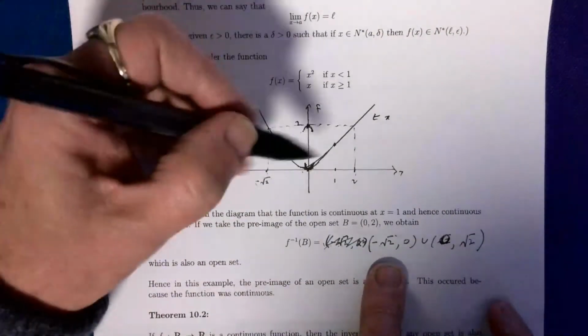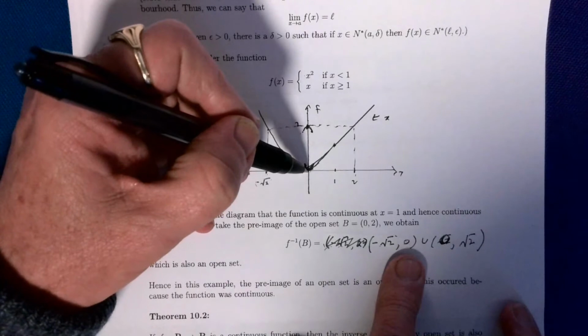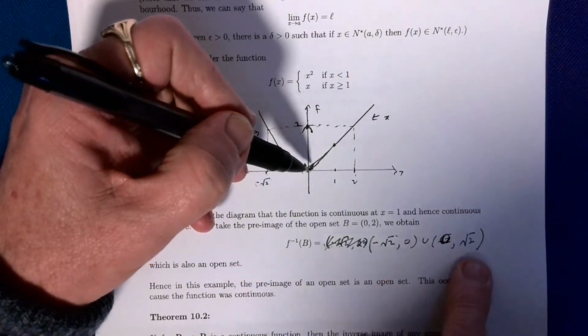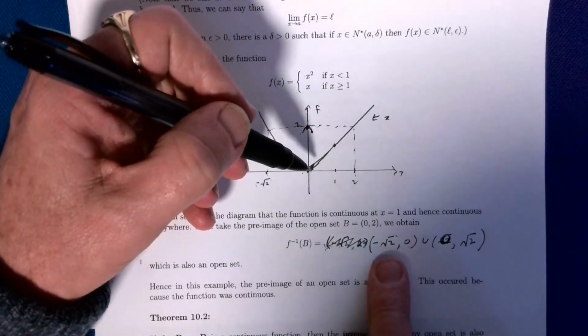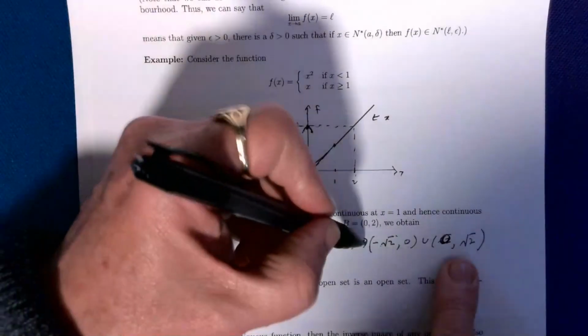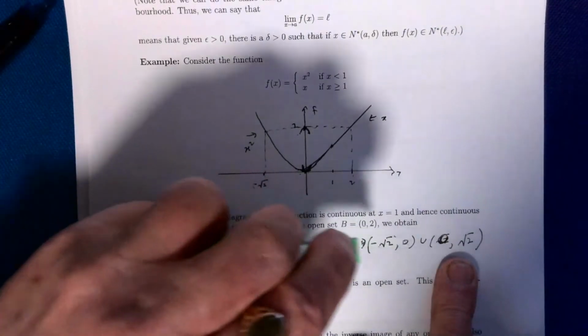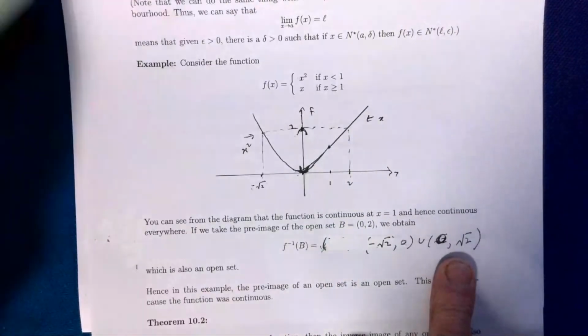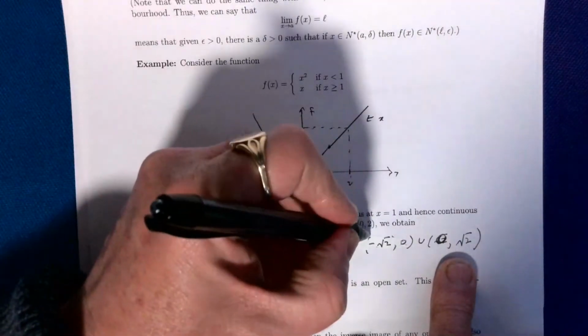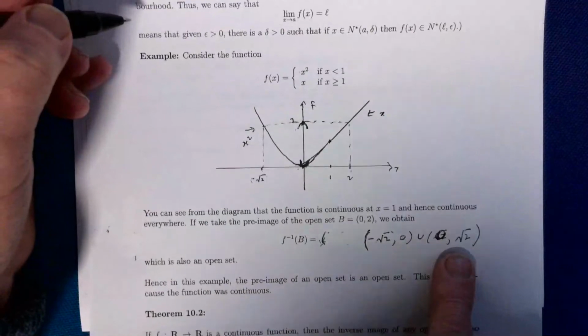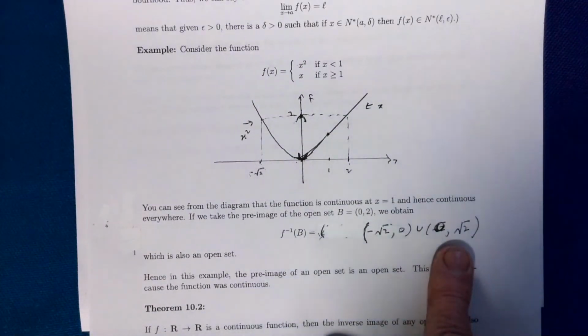Apologies for that. I'll correct this in your hard copy. Now this is also an open set, because the union of two open sets is in fact open.